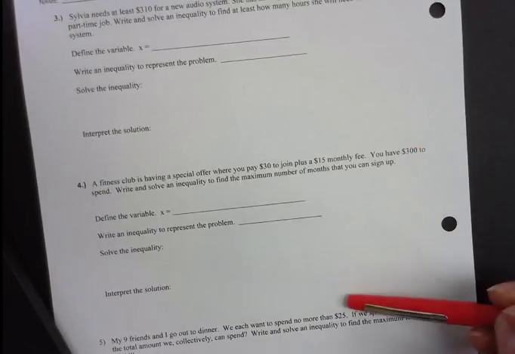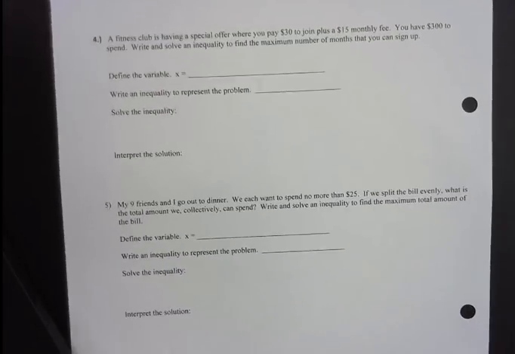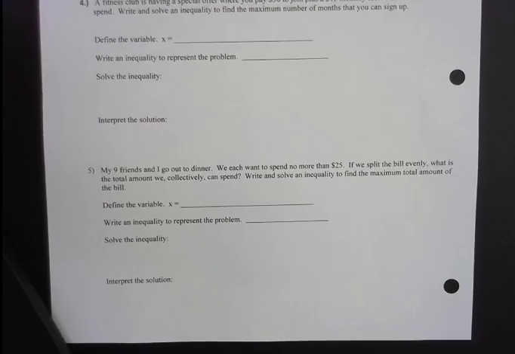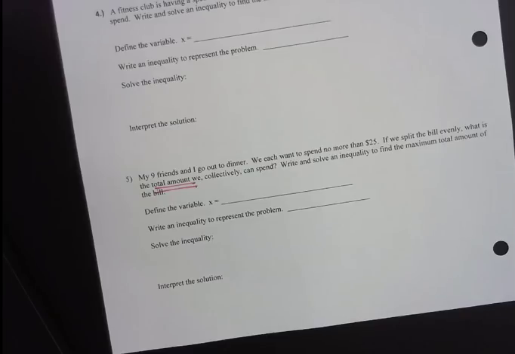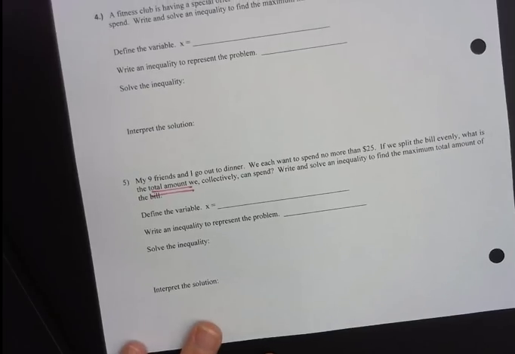The next thing that you're going to do, you're going to go to the back side. You've got 3 questions here. On number 5, I want to give you a hint. Number 5 says, my 9 friends and I go out to dinner. We want to spend no more than $25. If we split the bill evenly, what is the total amount we collectively can spend? My hint to you is this.